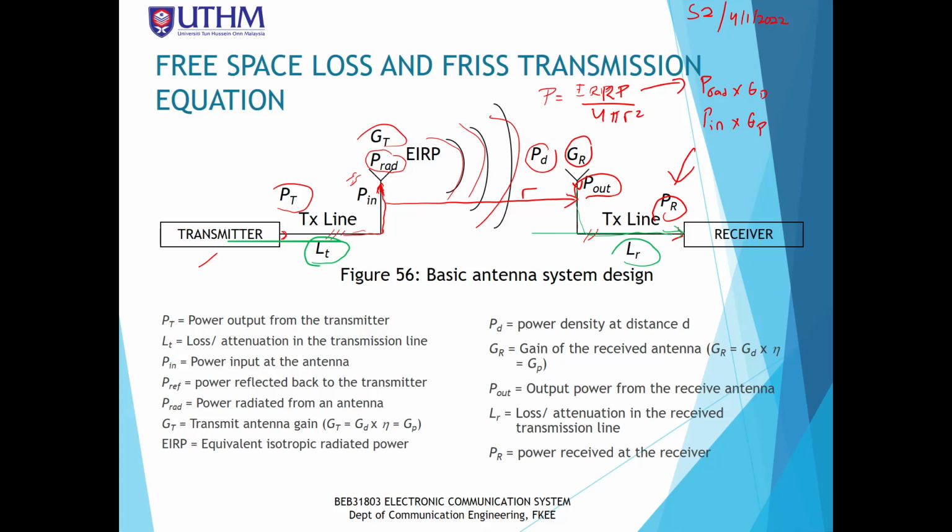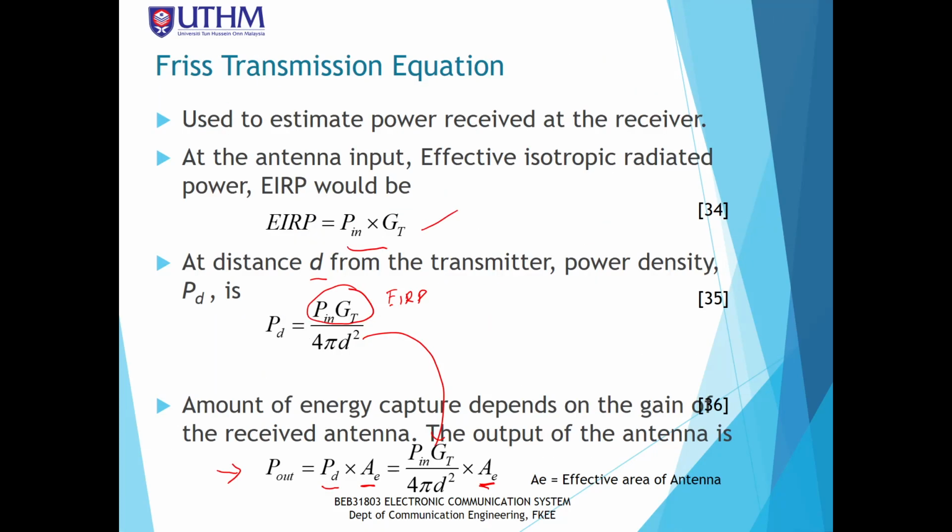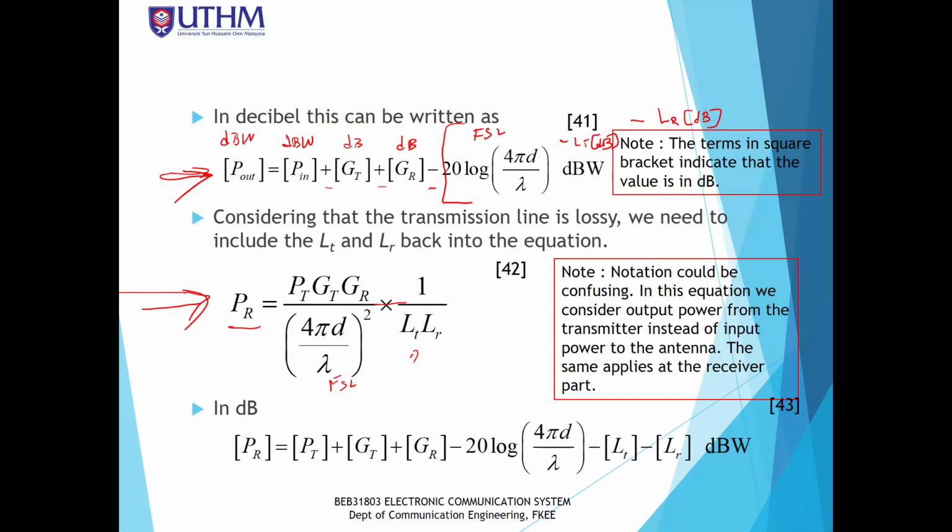That's why in the lecture notes, when we want to consider every loss, we use the term PR, because PR involves the transmit power, the EIRP, the free space loss, and also LT and LR. So the power received PR is equal to PT GT GR divided by FSL, divided by LT and LR.